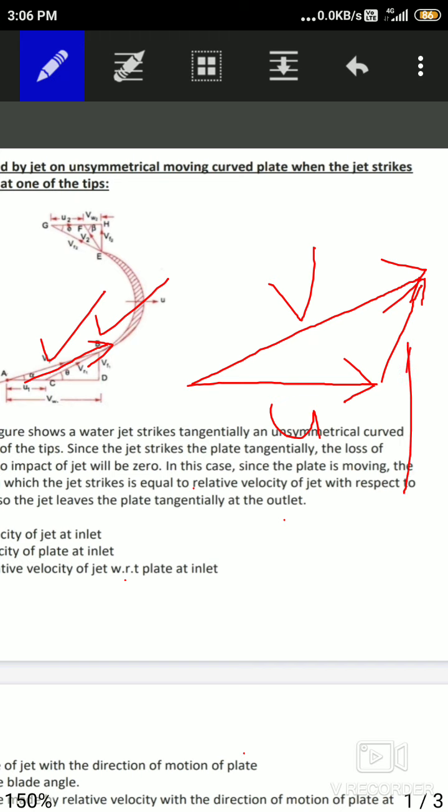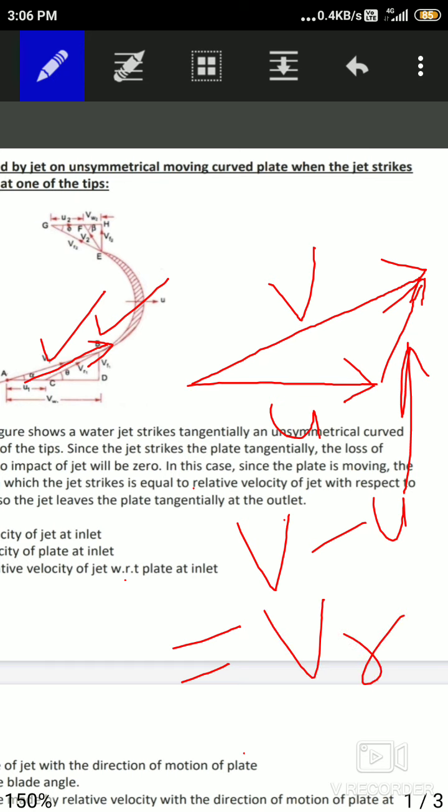This vector represents V minus U. And that V minus U can be represented by VR. That means relative velocity. So V minus U is equal to relative velocity, and that is represented by symbol VR. So this is a triangle. This is the basic triangle.